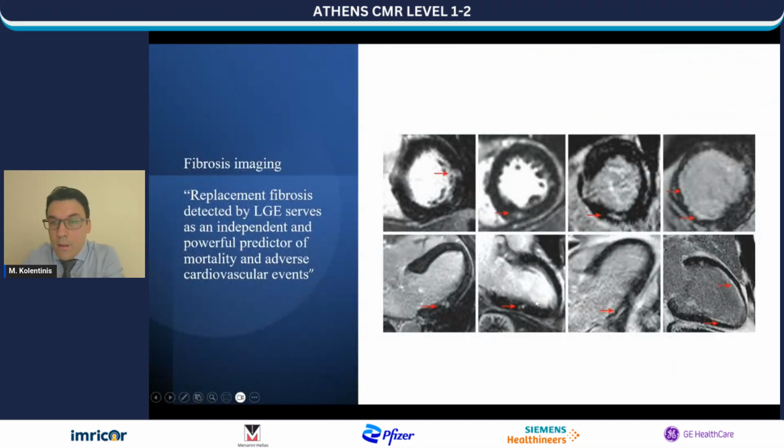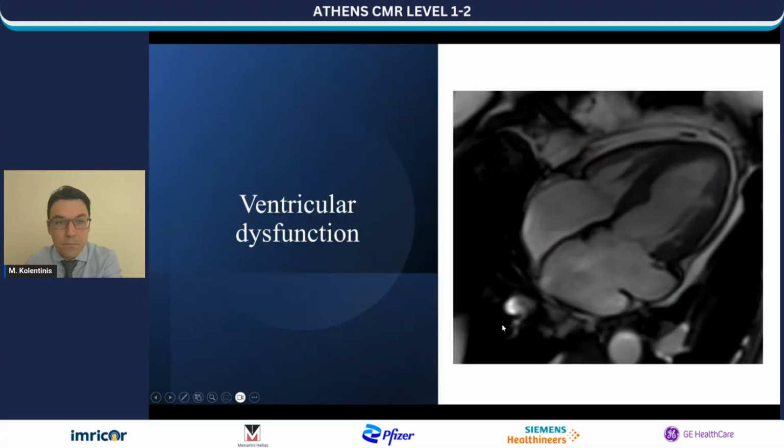And of course, let's not forget fibrosis imaging, standard in every exam, I would say. We have to keep in mind that replacing fibrosis, any kind of that, even if it's subendocardial, mid-wall, patchy, is an independent and powerful predictor of adverse cardiovascular events in the future.